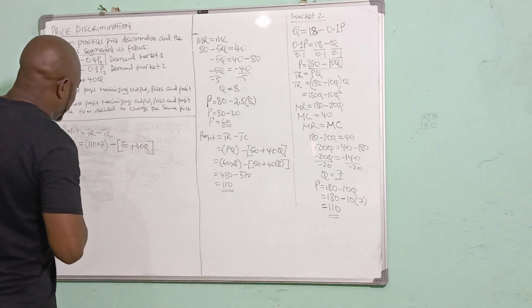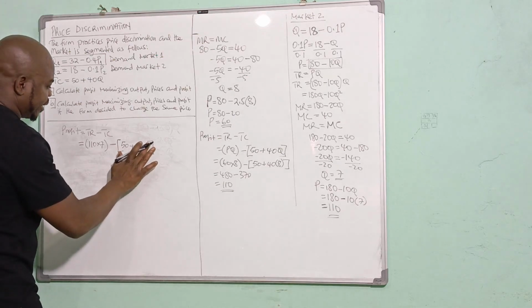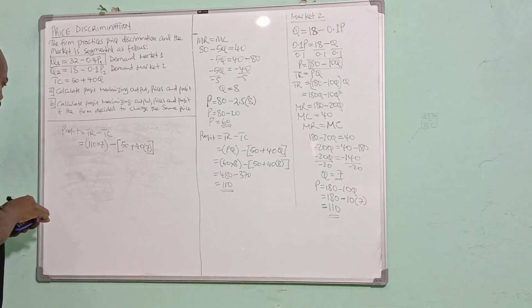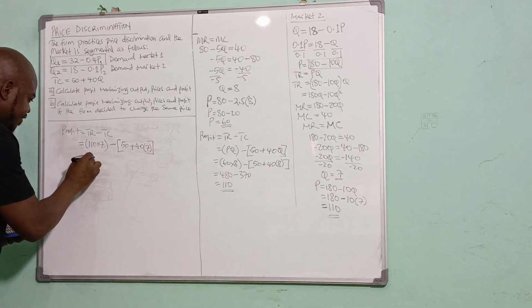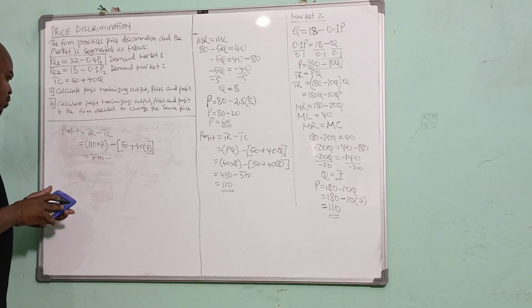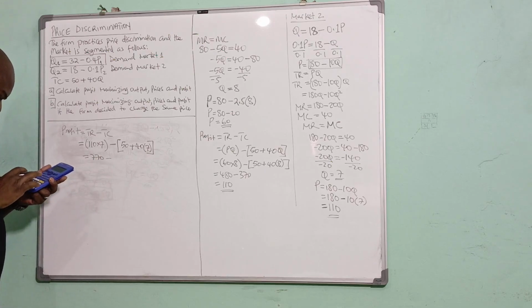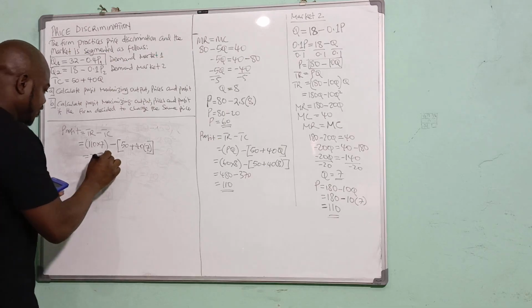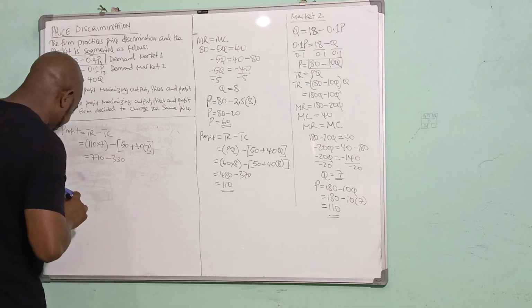Where there is Q there, we can replace it now by 7. This gives us 770. This gives us 330.